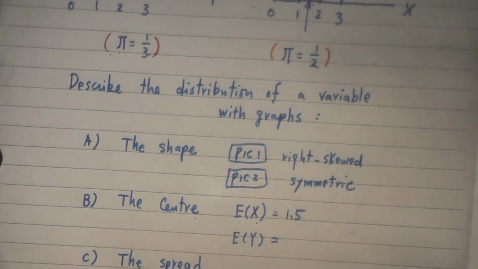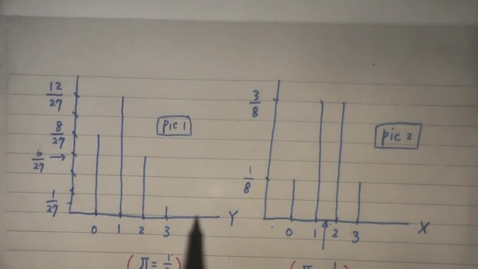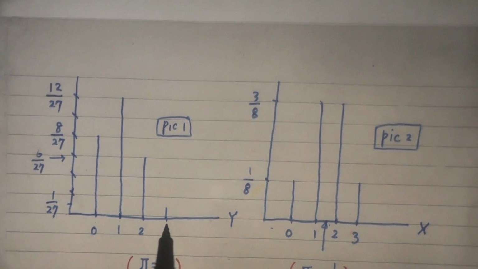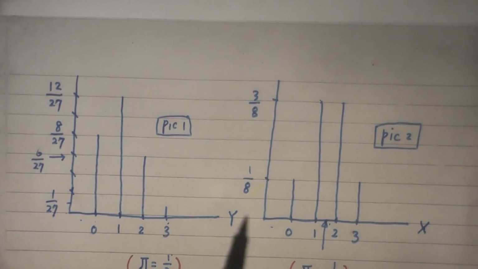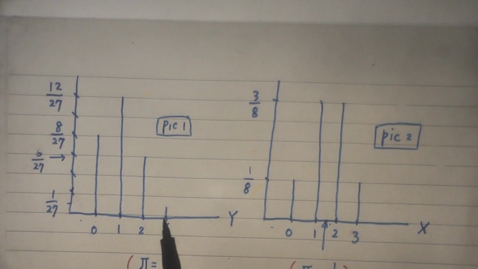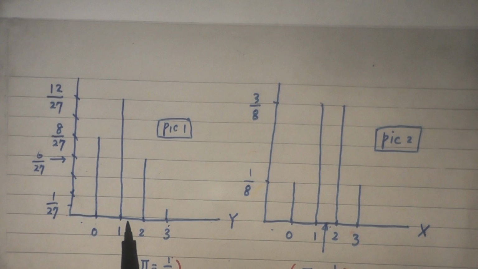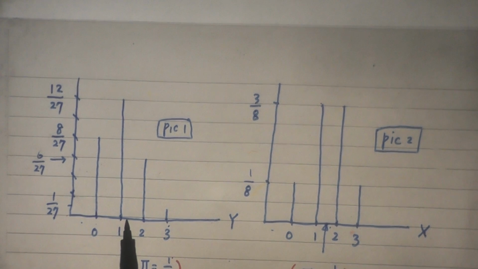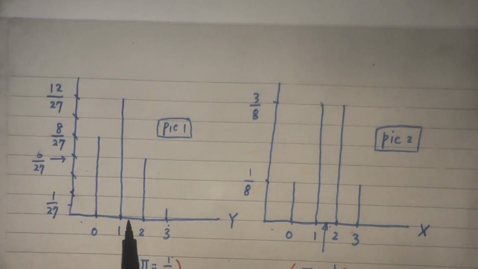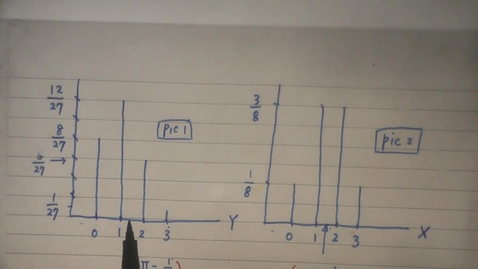Now, how about EY? Let's look at the center of the Y distribution. It's a little bit hard to tell, but a simple argument is like this. When you move your finger along the line, the point that balances the graph is the mean. If you put a point on the right-hand side of 1, it always gives you a feeling that this side is too heavy, so you cannot balance the graph.